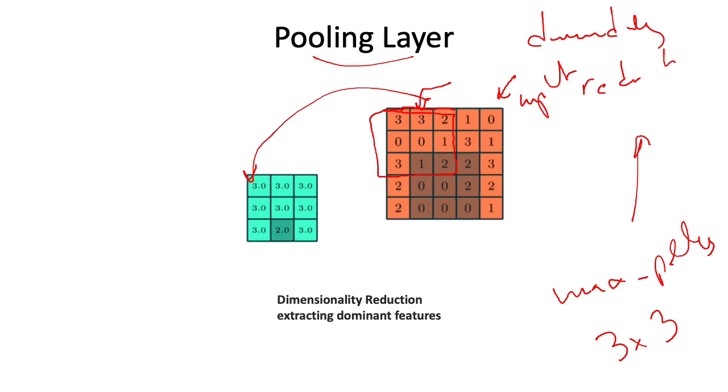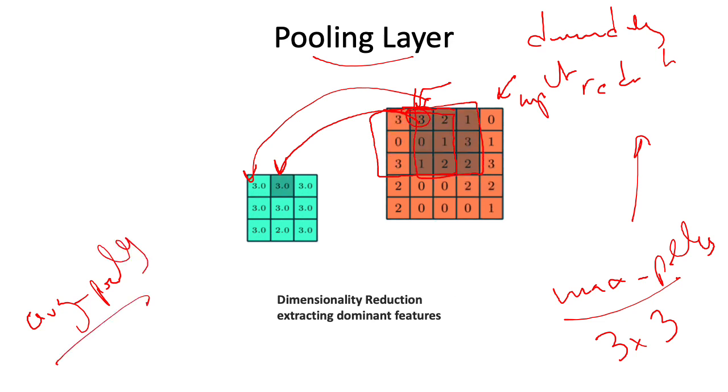Again, I slide my window to the next one, and the maximum pixel value in that window is again 3. So I put 3 on the output side, and so on. We can have a variation of max pooling: instead of max, we can have average pooling. This is a very common one.